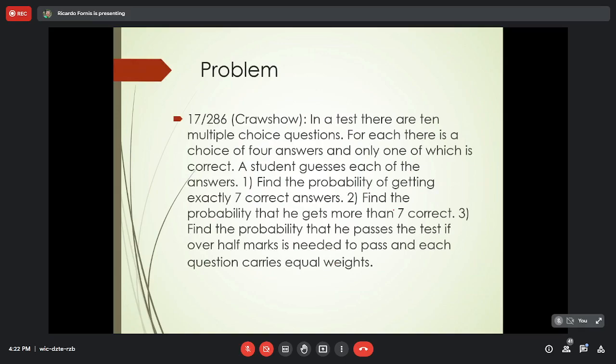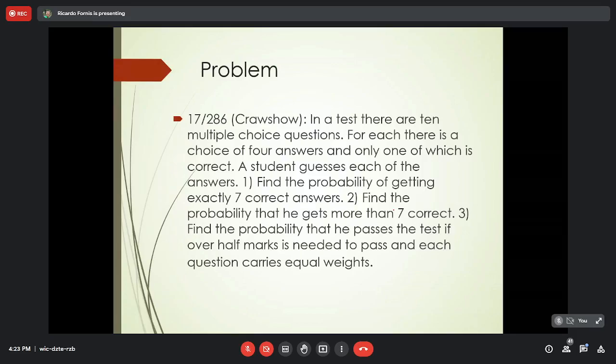Okay, I got this problem from the book by Crosio, problem 17, page 286. In a test, there are 10 multiple choice questions. I think this is familiar to all of us, no? Multiple choice quiz on 10 questions, all in all. For each, there is a choice of 4 answers, and only one of which is correct.